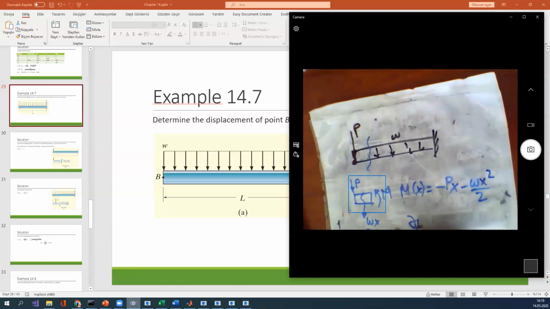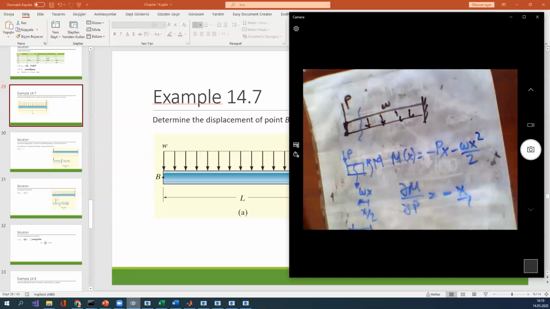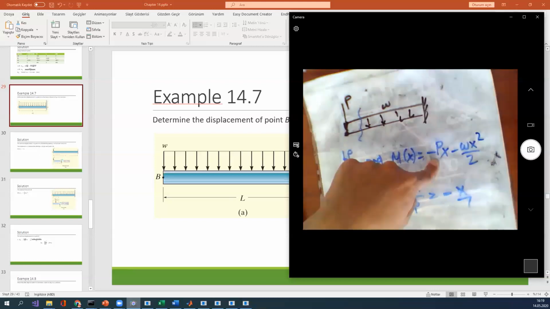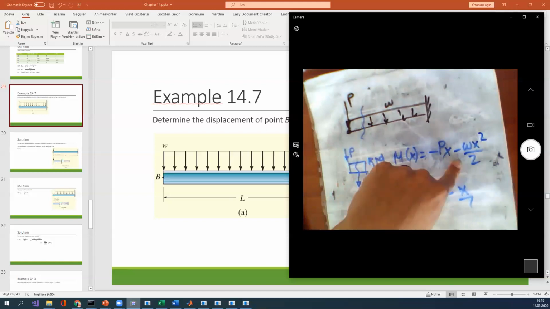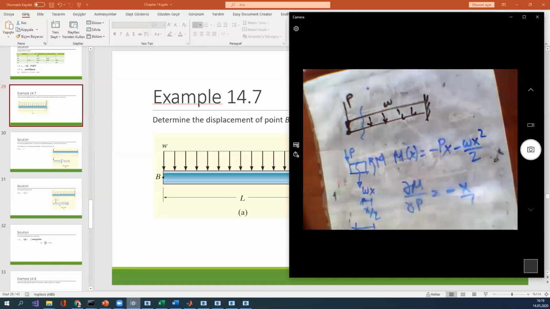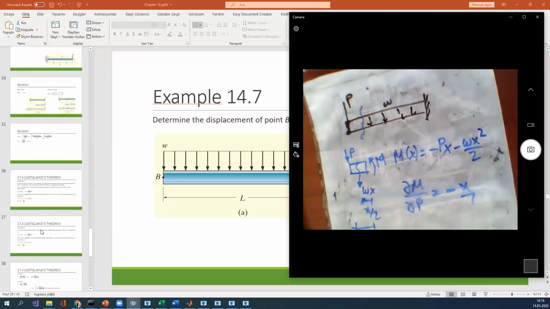So dM over dP is equal to minus x in here. Because this term depends on P, the derivative of this term is minus x, but the second term does not depend on P, therefore it is 0.